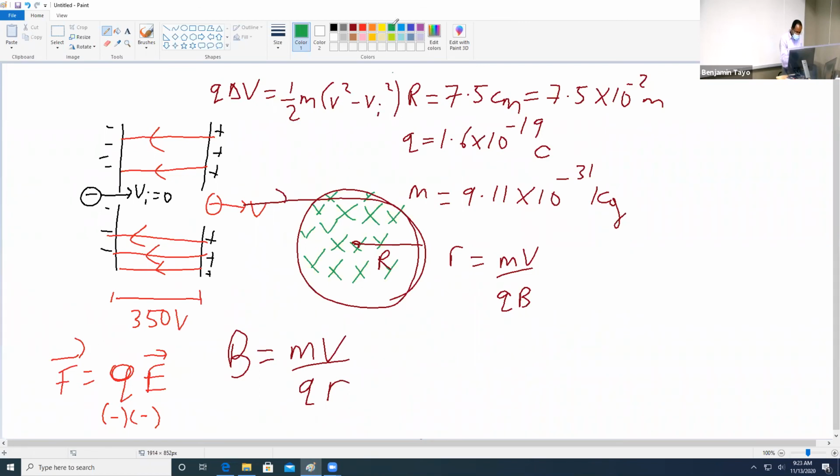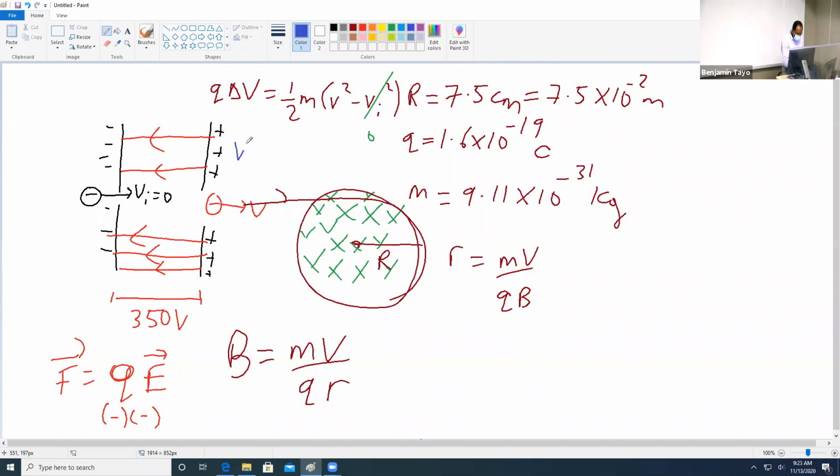Now we can take this V initial as 0 because we assume that the initial velocity is a very low velocity. So we don't really care about the initial value. And so solving this equation, I can get my V.